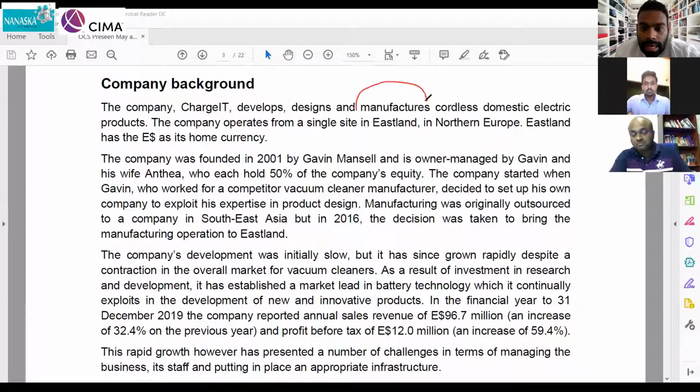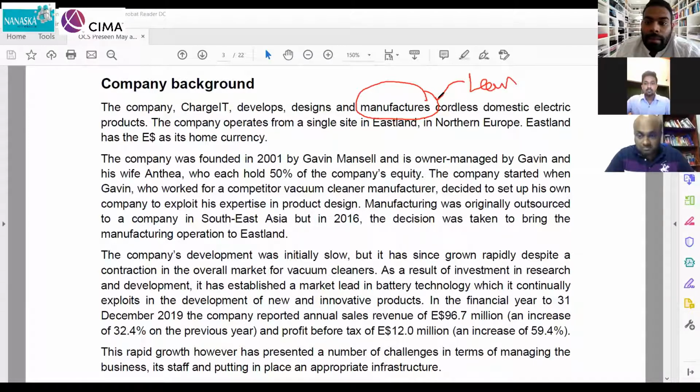Now, I'm happy to tell you that we have considered and deeply investigated different scenarios that can come up where this company Charge IT might switch into different manufacturing systems. Maybe they could switch from what they are doing now to lean manufacturing.